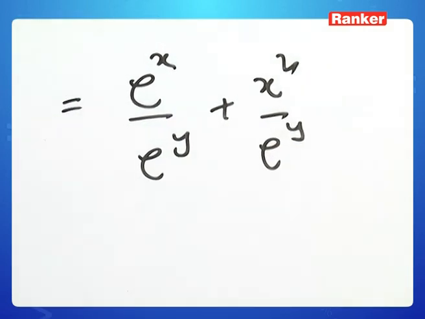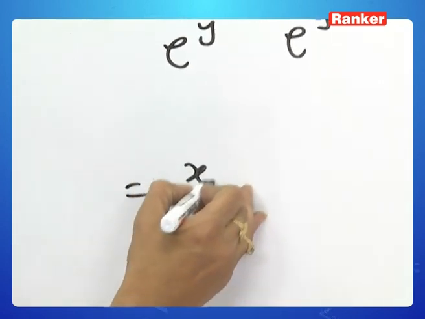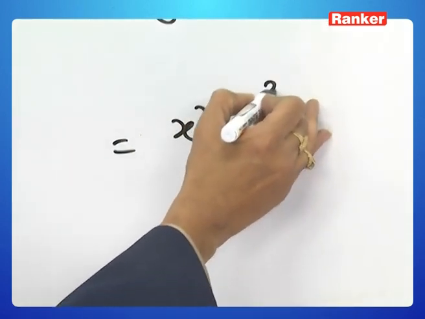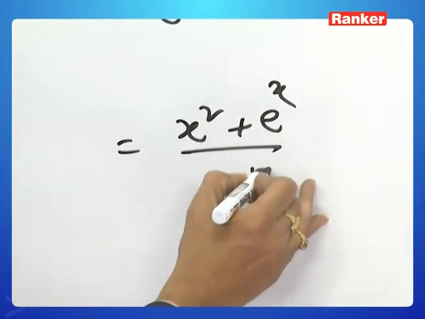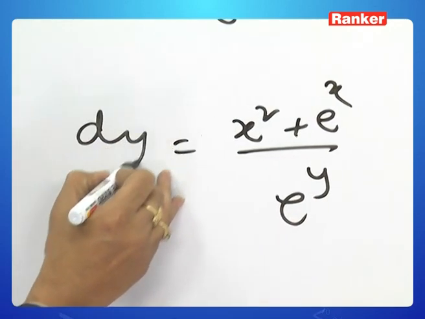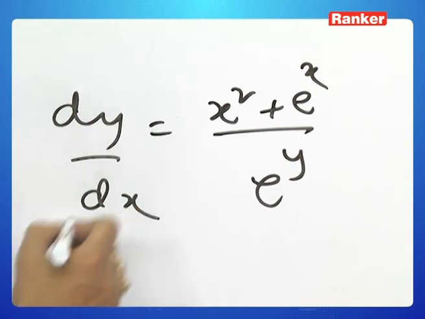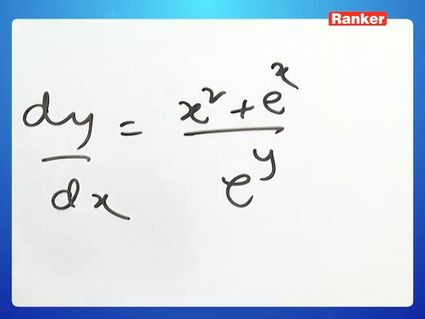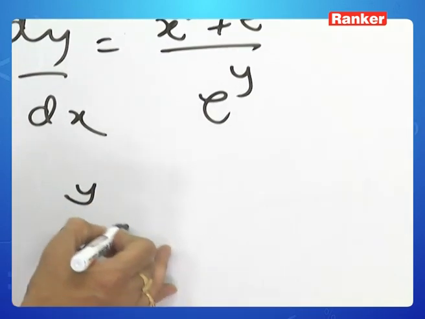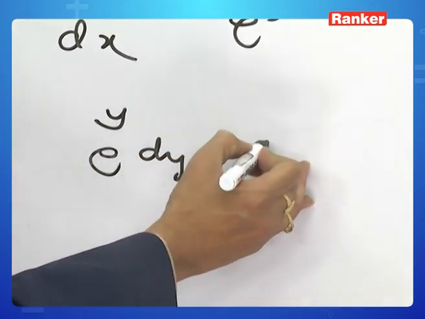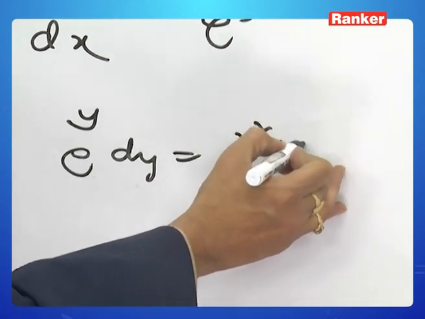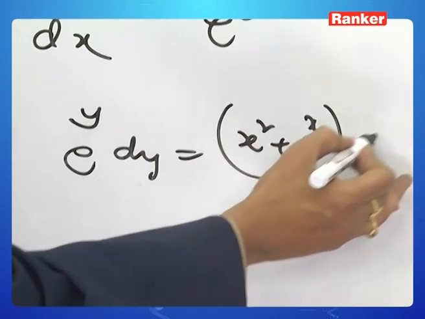Any doubt? So this is x square plus e power x, all over e power y. This is dy by dx. Cross multiplying, e power y dy is equal to x square plus e power x dx.